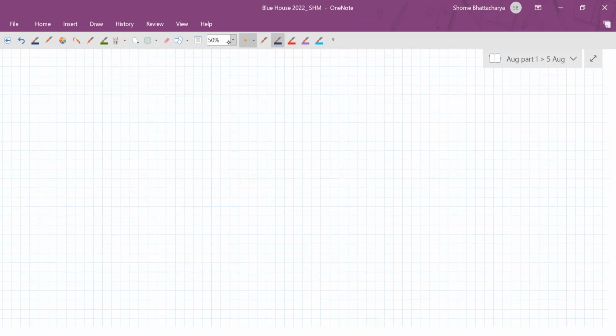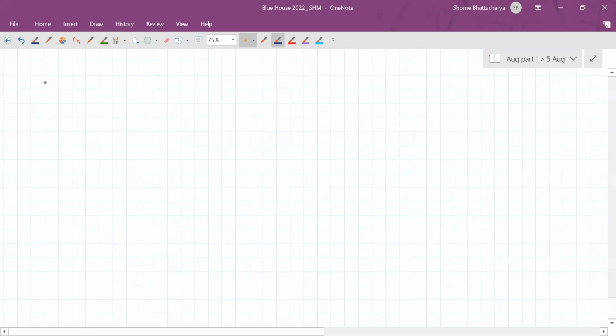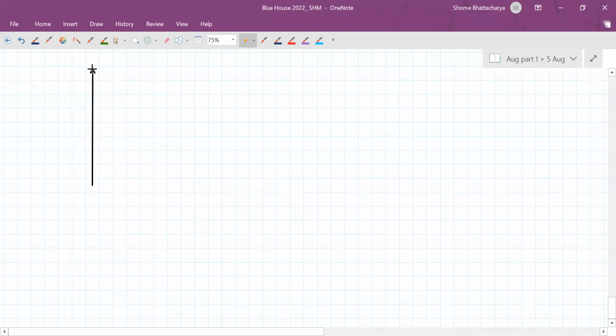Okay, so let's understand this in general. Before that, let's also look at the graph of potential and kinetic energy as a function of time. We've looked at the graphical representation with respect to position, or with respect to time if we look at energy.